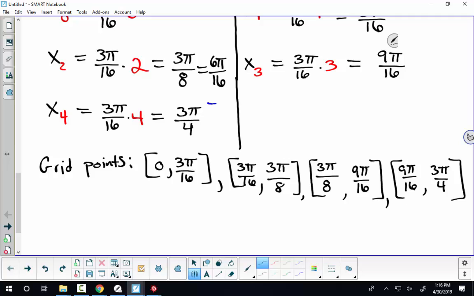With the left and right Riemann sums, what we're plugging into a function is explicitly listed here as either the right or the left endpoint of each one of those subintervals. And if we have to look at the midpoint, then we just take the point that's halfway in between 0 and 3 pi over 16, the point that's halfway in between 3 pi over 16 and 3 pi over 8, etc. That would give us our midpoint that we plug into the function.